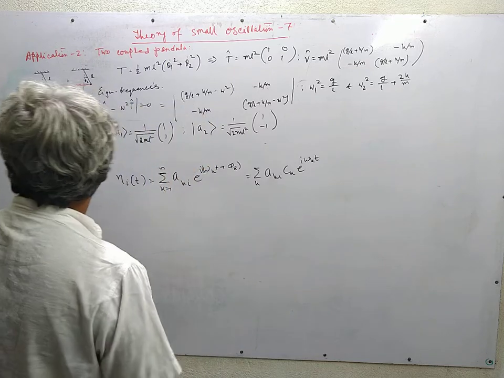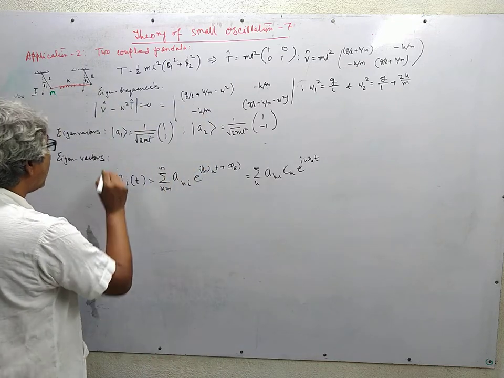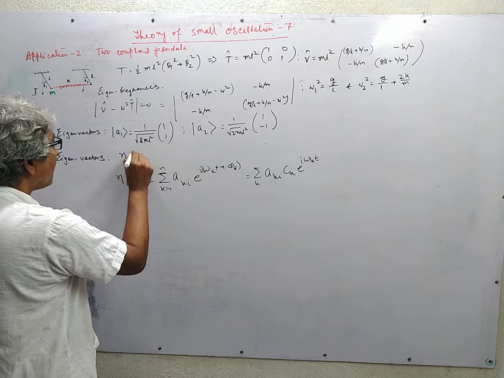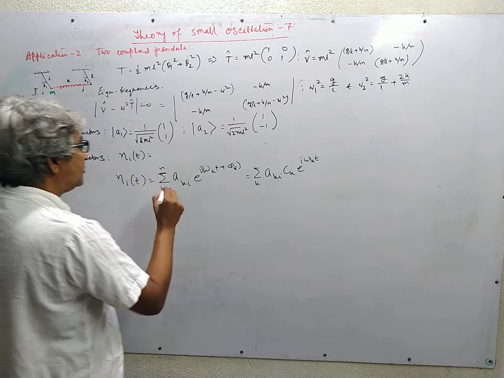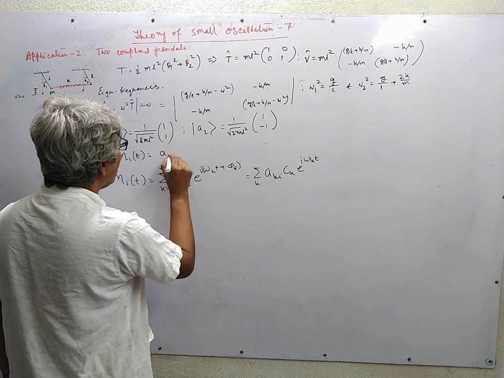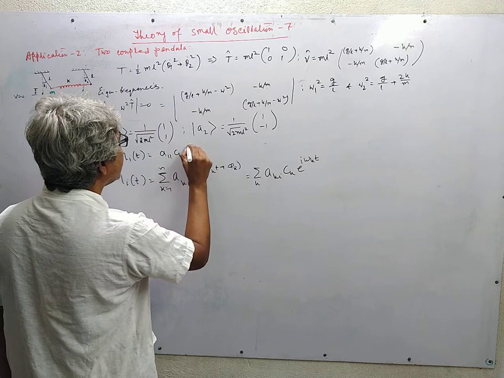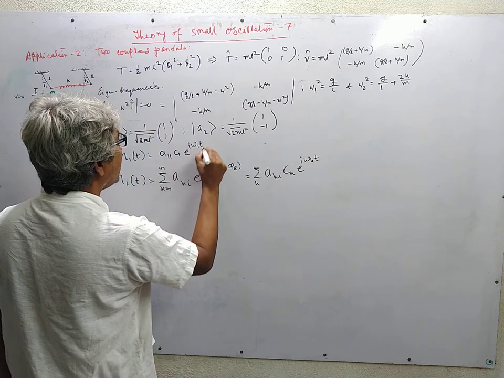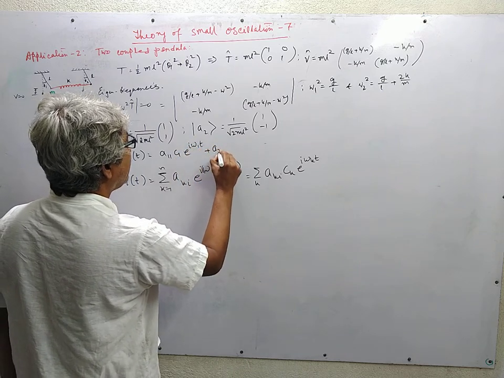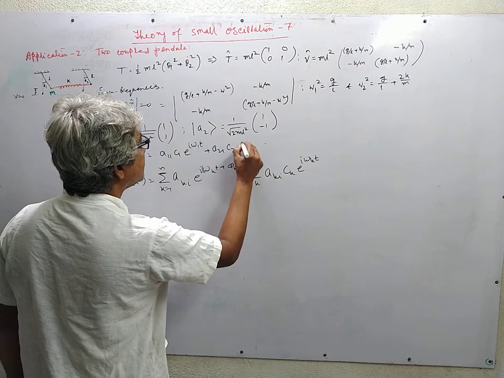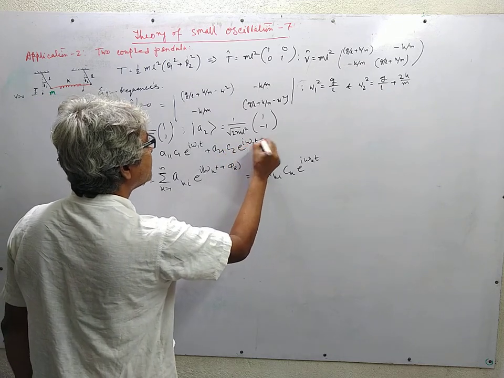So in this spirit, eta 1 of t is equal to a11 c1 e to the power i omega 1 t plus a21 c2 e to the power i omega 2 t.